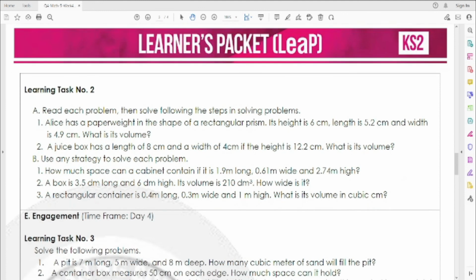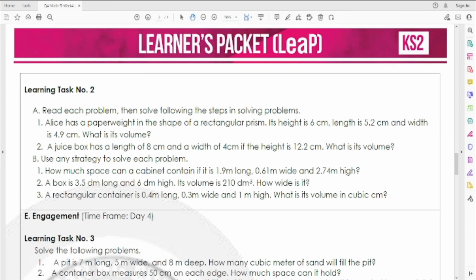Then, for your learning task number 2, read each problem, then solve following the steps in solving problems. I will read number 1 and 2 for you. Alice has a paperweight in the shape of a rectangular prism.